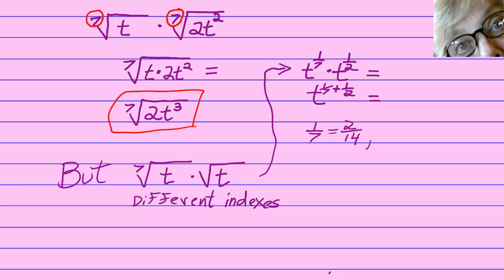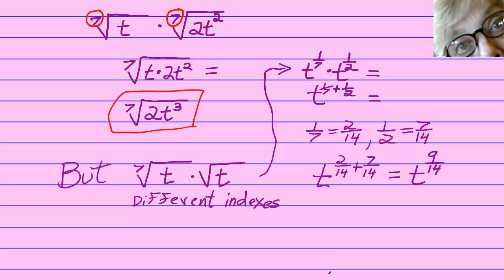You know that the lowest common denominator is going to be 14, so 1/7 is 2/14, 1/2 is 7/14. So when we say t to the 1/7 plus 1/2, we're saying t to the 2/14 plus 7/14, and that's 9/14. So we'll have t to the 9/14.